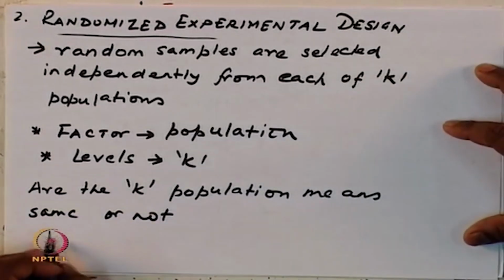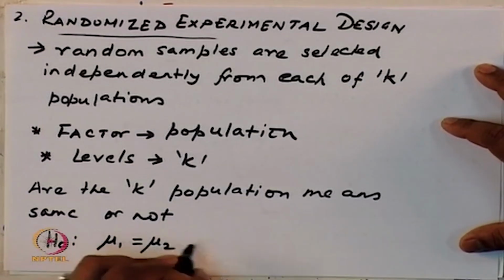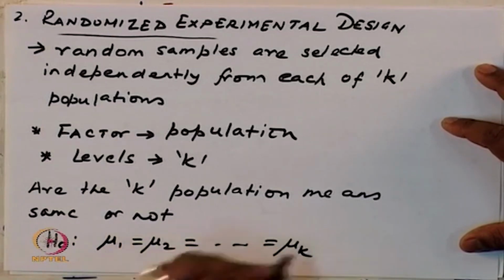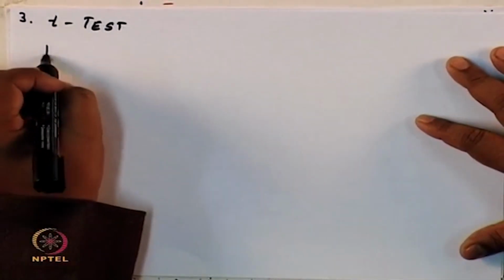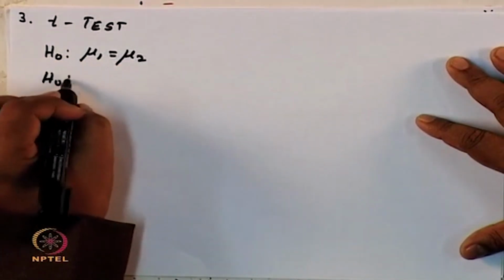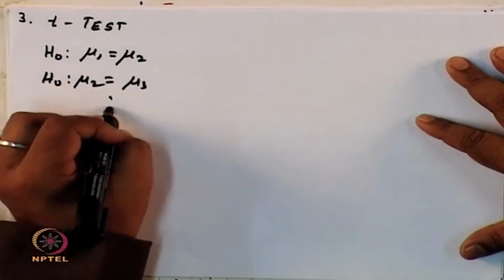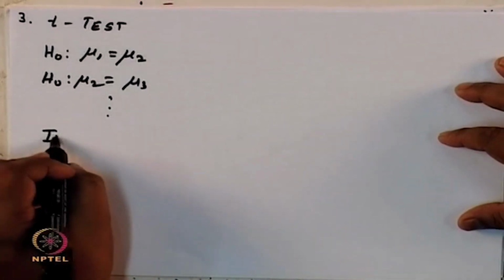So, essentially you want to test the hypothesis that if you have k populations, you want to test mu1 equal to mu2 equal to mu k. Okay. So, as we discussed in last class, you can do this using the t test. Okay. So, you can do this using the t test, but in that case you will have various hypotheses you have to test. So, for example, you have to test the hypothesis mu1 equal to mu2, hypothesis mu2 equal to mu3, and so on and so forth, okay, which is tedious and it also introduces error. Okay. So, this introduces error.